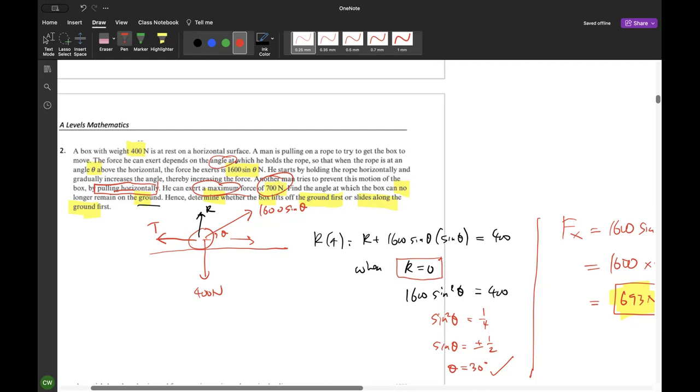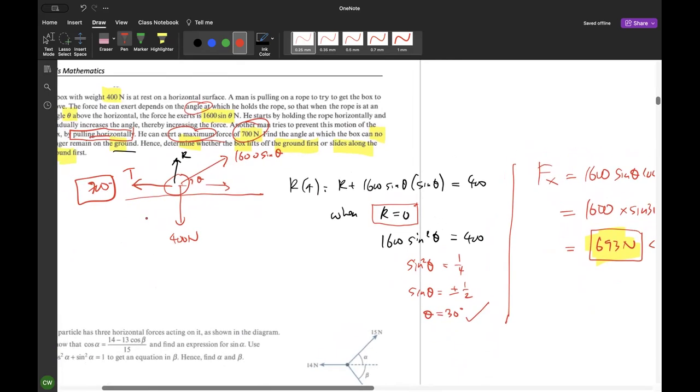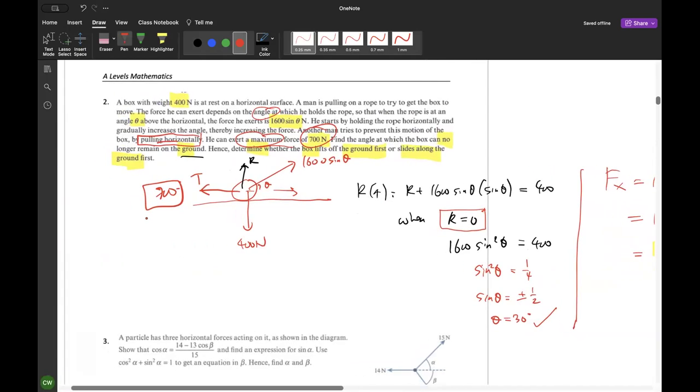So it's all the while balanced by 700. Before you reach 700, you cannot move. Cannot be pulled to one side. So this one hasn't reached 700. This one looks like a resistive force, friction. Haven't reached the point yet. So cannot.